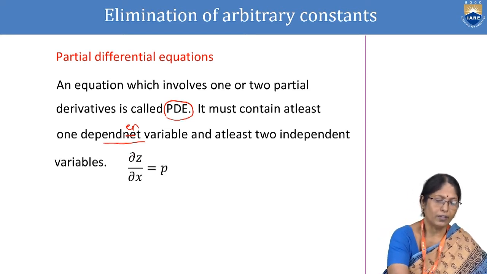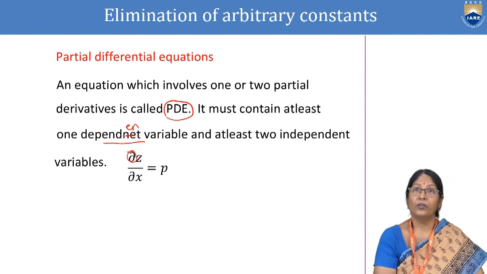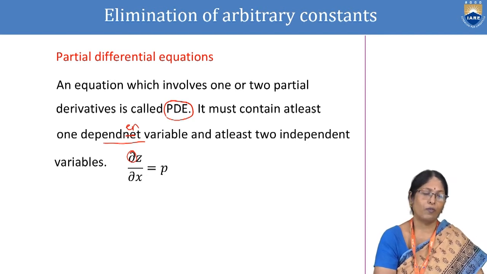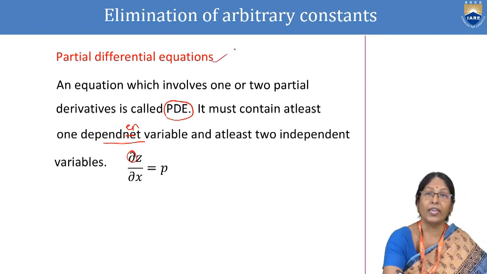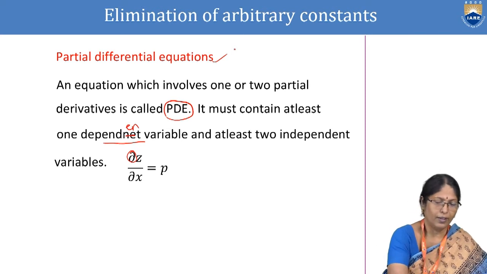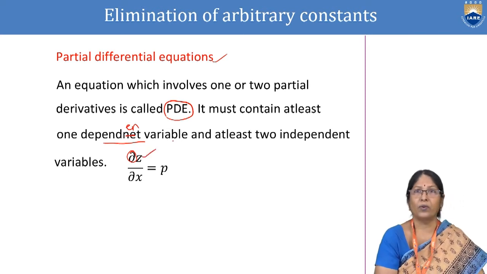Take ∂z: here ∂ is playing the role of partial differentiation and z is playing the role of the dependent variable.